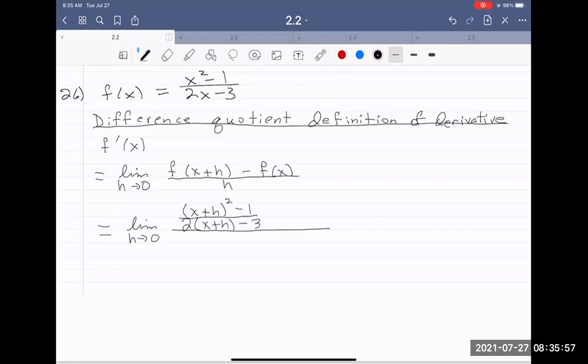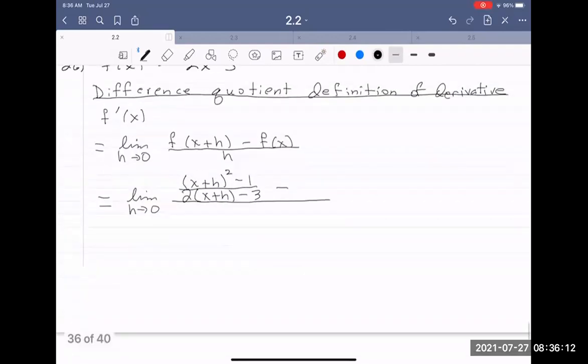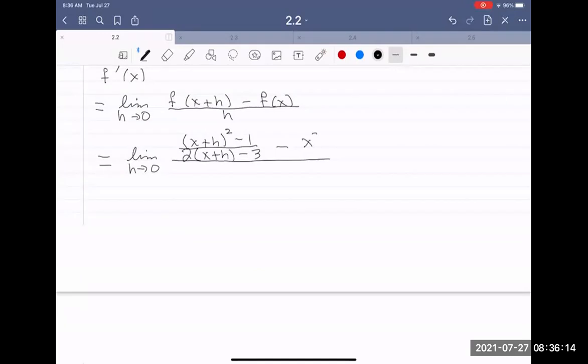So again, wherever I see an x, I'm replacing x by x plus h, minus f of x, which is x squared minus 1 over 2x minus 3, all divided by h.